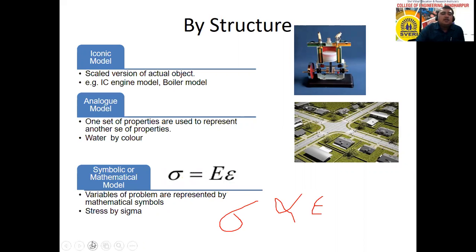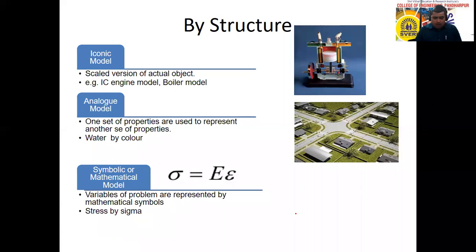Like this, the particular symbols are used in this mathematical model. Our aim is also to understand which model this is and how we can use this particular model. Is it right? We have to understand that first, and then we have to convert this model into mathematical form.